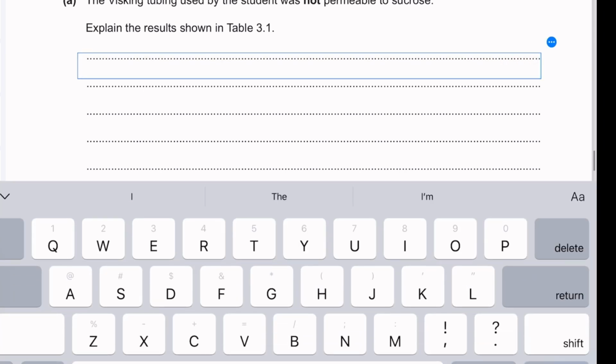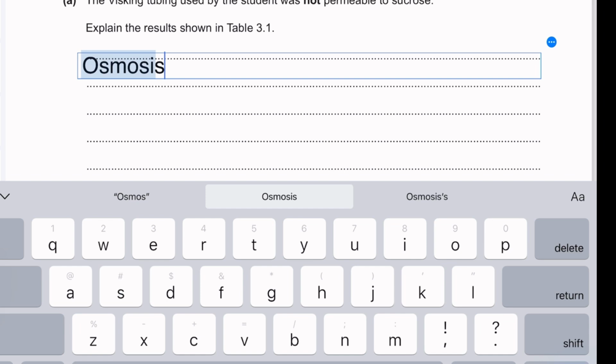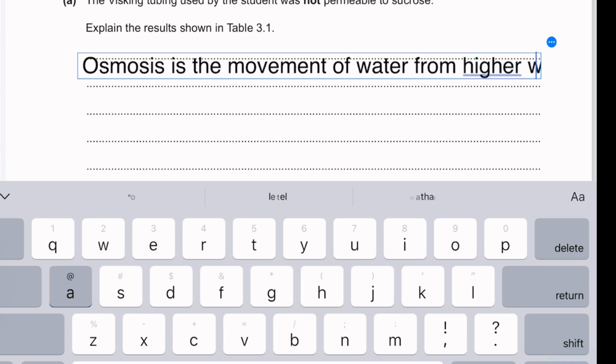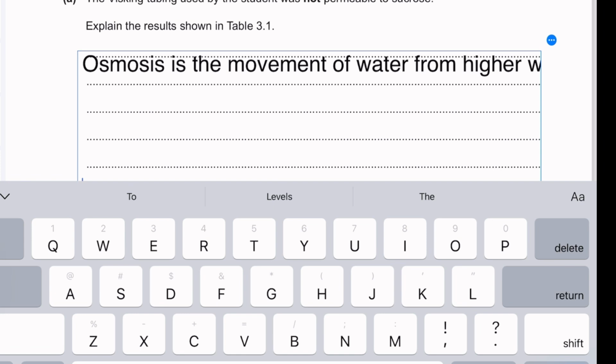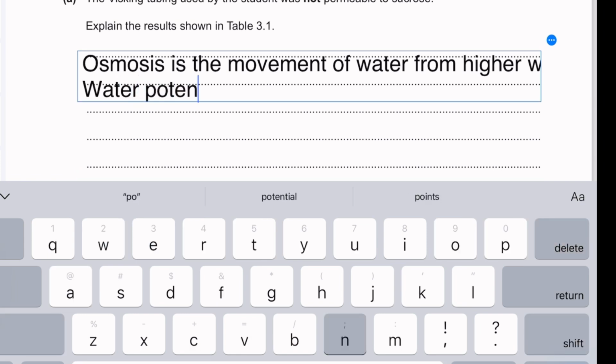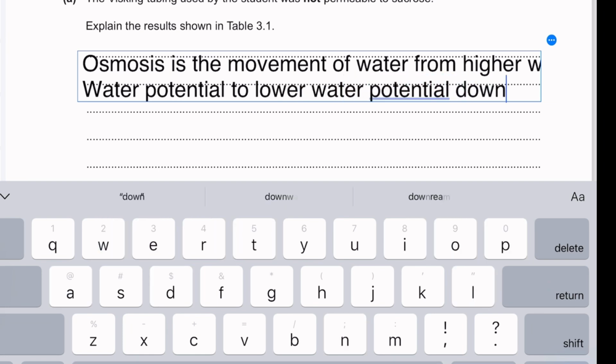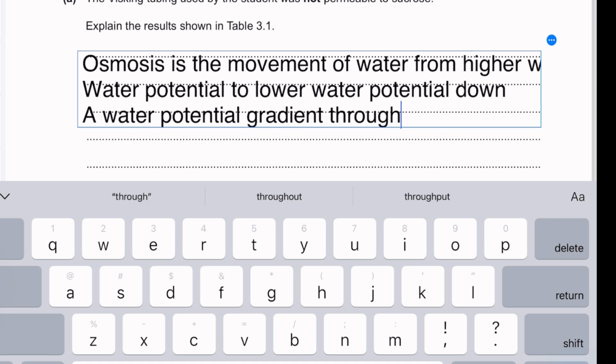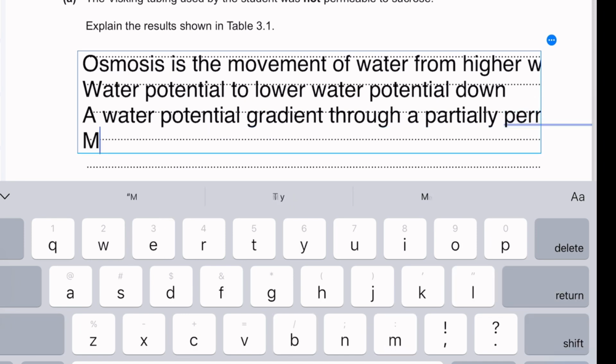Okay, so firstly, as I mentioned, osmosis is the movement of water from a region of higher water potential to lower water potential down a water potential gradient through a partially permeable membrane, and in this case it's really the whisking tubing.